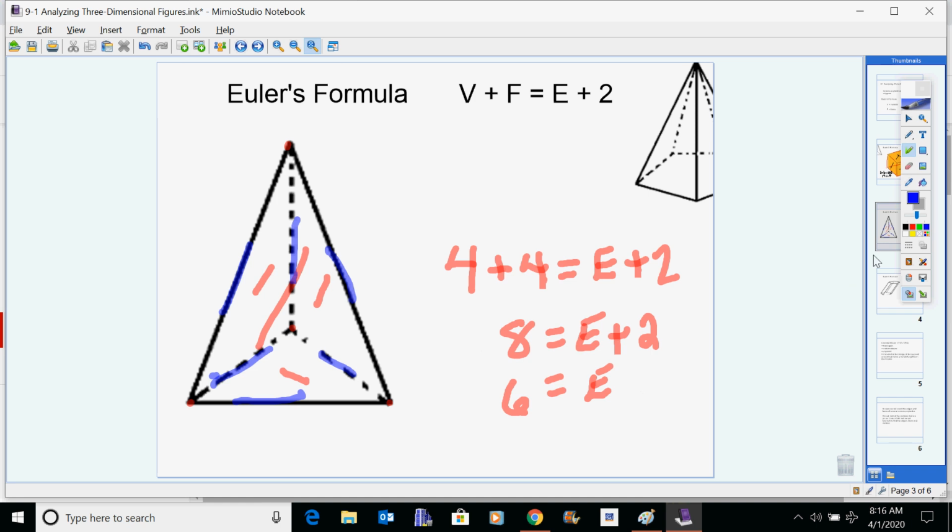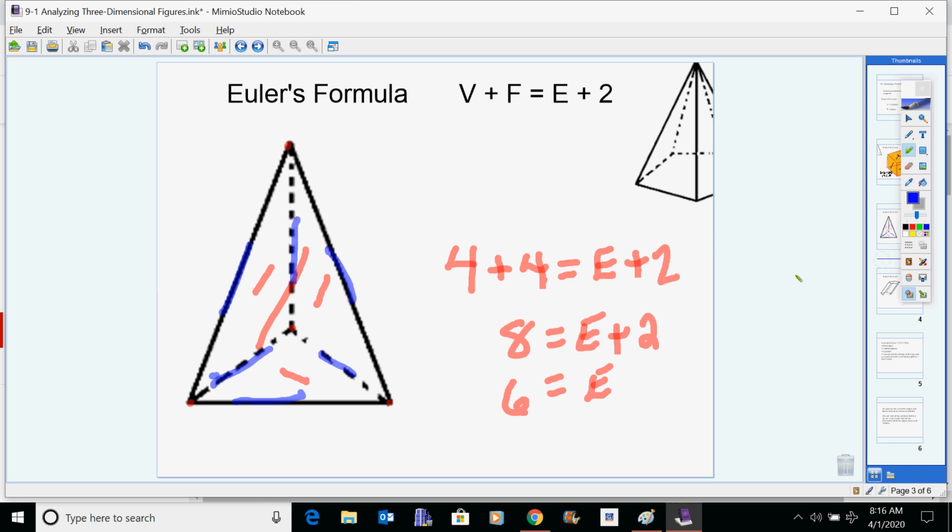So yes, it actually did work. So whatever you can count, you can use the formula in order to find the others. To verify formulas, you have to make sure that you are counting and just seeing that all of the math does work with that. So it's a pretty neat little formula.